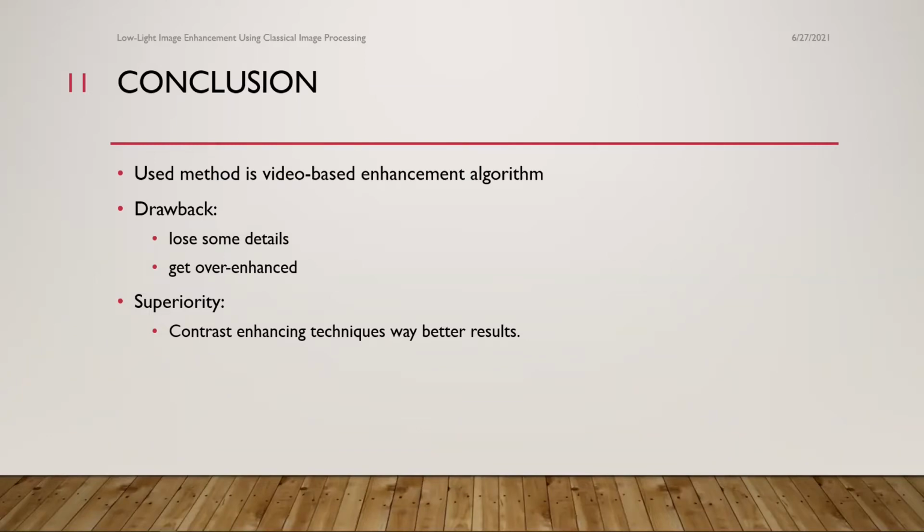As a drawback of the dehazing method, it can lose some details or get over-enhanced because of the poor adaptability of the dark channel. In low light conditions, as an experimental result, dehazing the image and contrast enhancing on its way gave better results than any other methods that I applied on images.